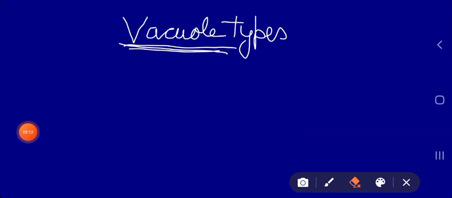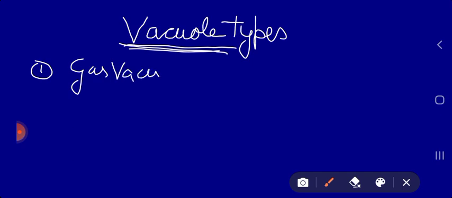The first that we will discuss is gas vacuoles. Gas vacuoles are also called vesicles, and they are nano compartments which are freely permeable to gas.